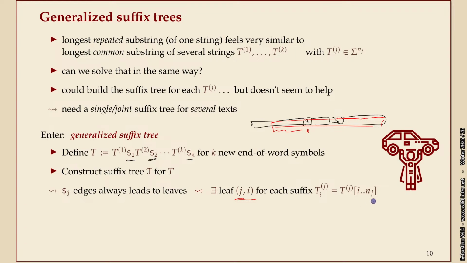They're originally labeled with starting indices in the concatenated string, but you can just recompute which text it is and the position in that text. So we'll ignore how to compute these, you just subtract the cumulative sums.